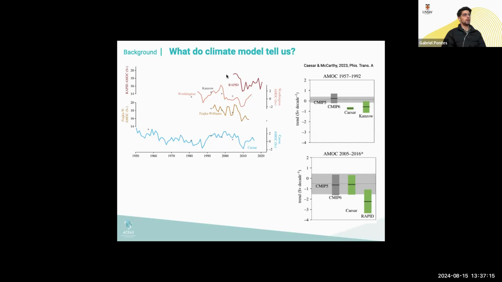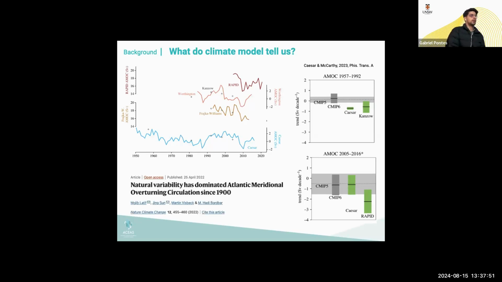And then over this observational period of the AMOC at 26 degrees north, we've got this strong weakening between 2004, 2005, and 2015, which was also not captured by the CMIP5 and all the CMIP6 models. But the SST index also failed to capture this weakening that was suggested by the direct measurements.